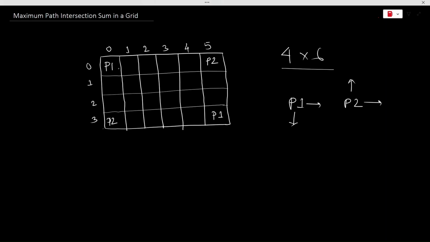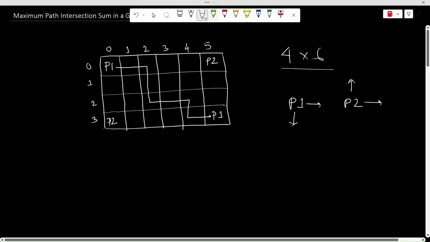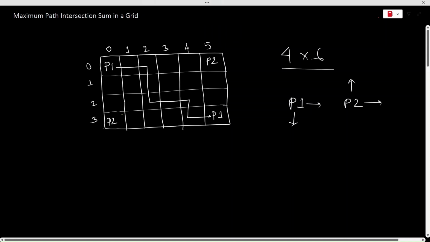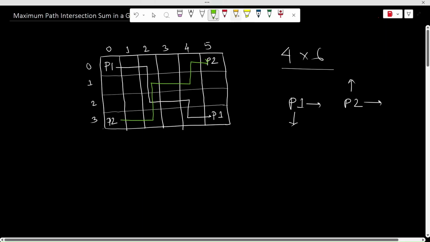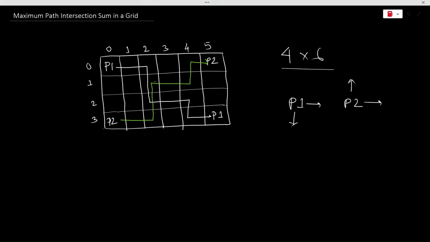So there will be a path for P1, right? Suppose this is the path for P1, and there will be a path for P2 as well. Suppose this is the path for P2, right? Now, the cells where the two paths are intersecting are called shared cells.